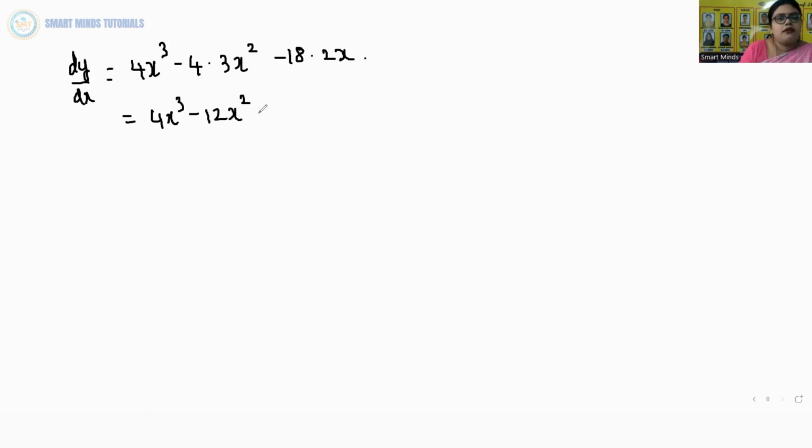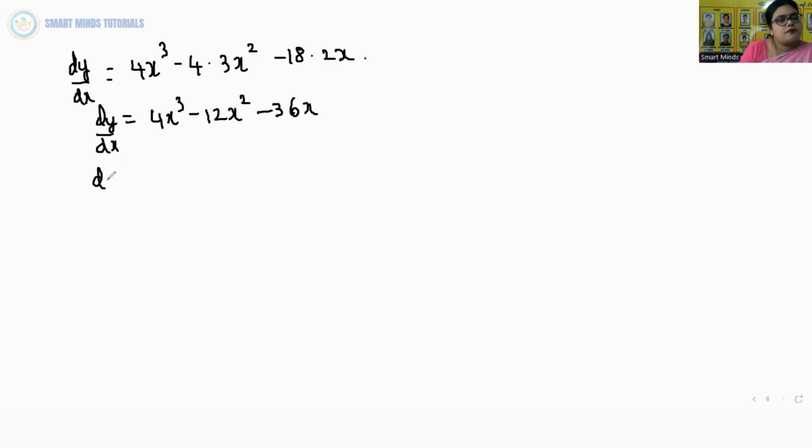So you get x power 4 derivative is 4x cube, minus 4 is a constant. X cube derivative is 3x square, minus 18 is a constant. X square derivative is 2x. So that is 4x cube minus 12x square minus 36x. This is dy by dx.